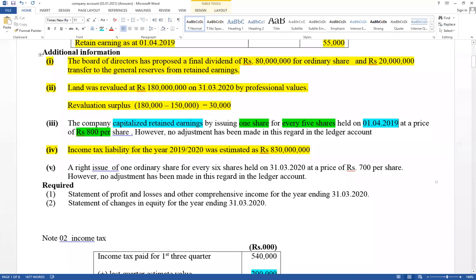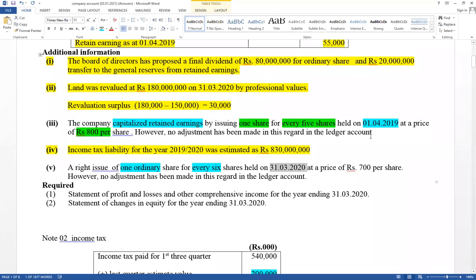And fifth one, also read at the same time. Right issue. One ordinary share for every 6 shares. Think about one share. Date very important. One share for every 6 shares. This is a ratio. End of the year.